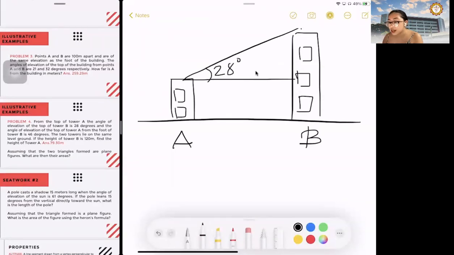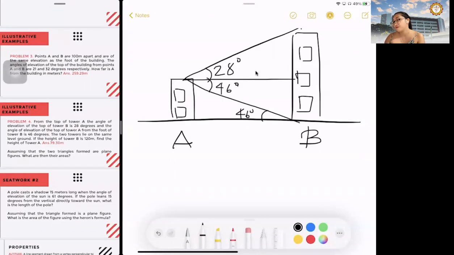Am I correct? And the angle of elevation of the tower A from the foot of the tower B is 46, which also is the same here, right? 46.